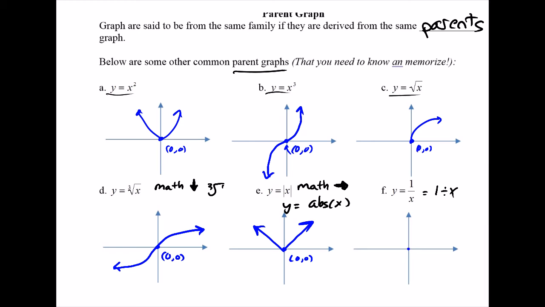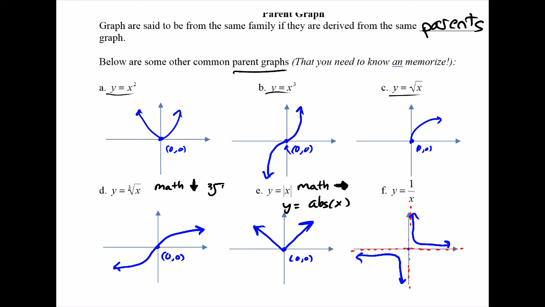The center point is 0, 0, although it never touches it. It comes down and shoots off, and comes over and shoots down. So why does this do this? If we look, it never touches the x-axis or the y-axis, because x can never be 0.